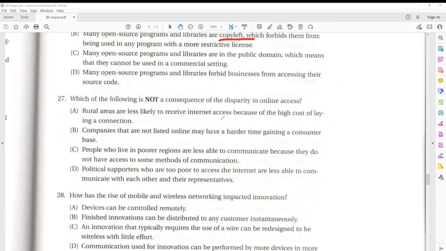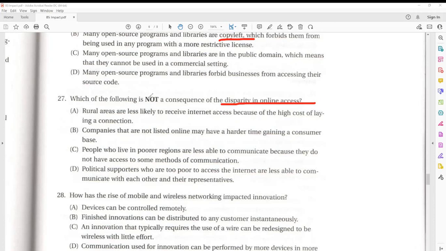Okay, 27. Which is not a consequence of disparity in online access? Here the answer the book gives is A: rural areas are less likely to receive internet because of the high cost of the connection.